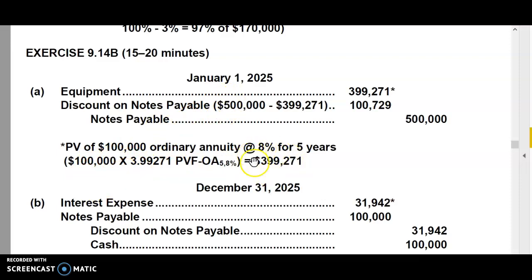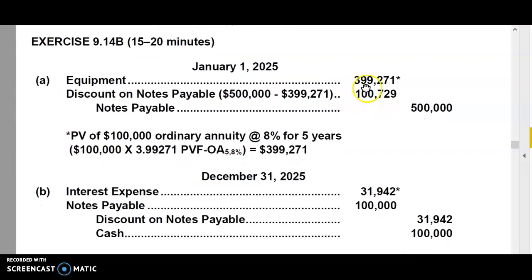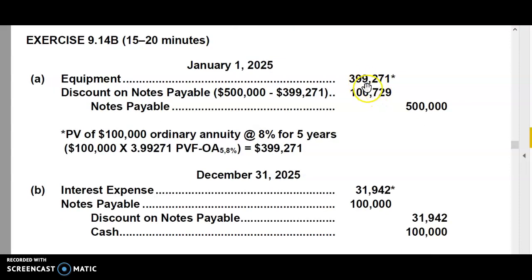That is the present value of your annuity, and that's the amount that will go into equipment, because this is technically how much you're going to pay. And then you're going to record the discount, which is the difference in the notes payable minus the present value of the annuity. The discount is just a plug number to make your debits and your credits equal.